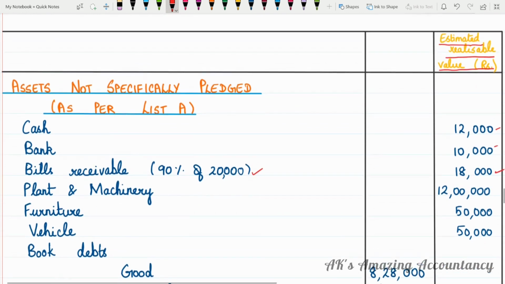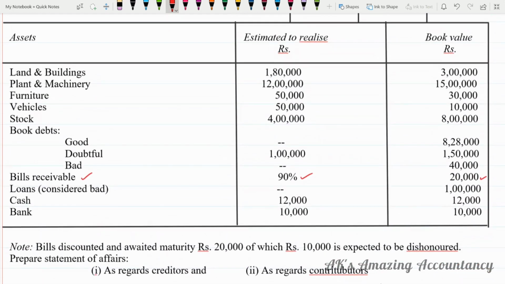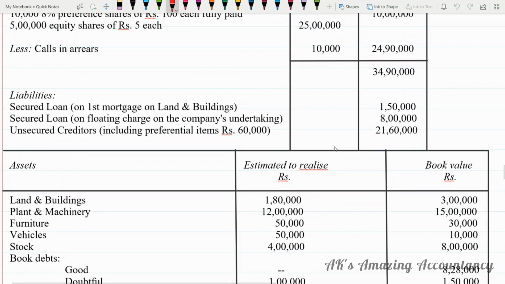Now, let us start entering the rest of the fixed assets which are available. Under assets, you have various fixed assets like land and building, plant and machinery, furniture, and so on. Out of these assets, you have to see whether there is any charge over any of them.